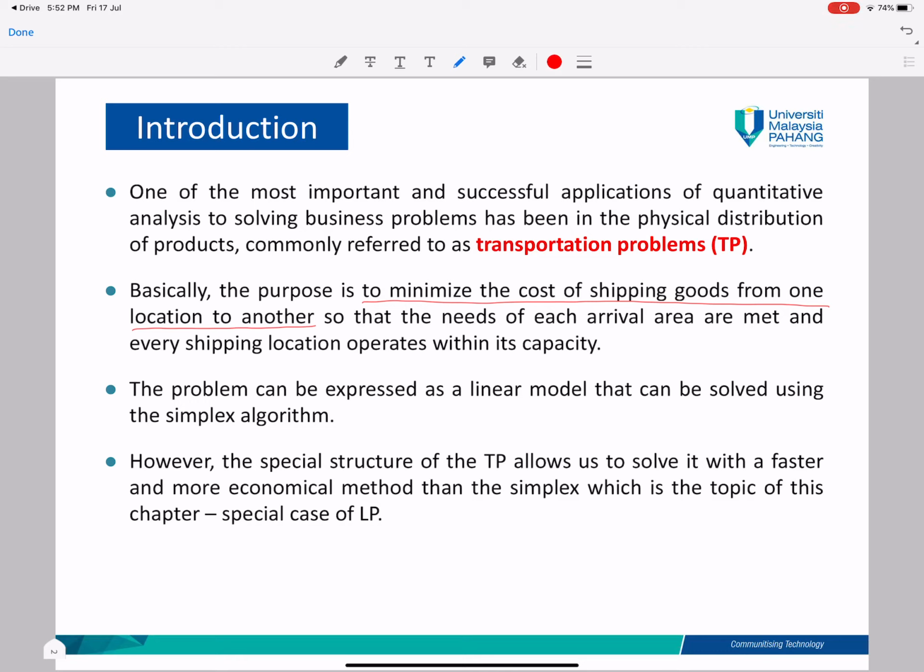So barang ini akan dihantar ke katalah supermarket. Jadinya kilang-kilang ini dari mana barang tu sampai, kita katakan dia sebagai where it comes from, kita kategorikan dia sebagai source. And then ke mana barang itu sampai, to another location ni, kita kategorikan sebagai destination.